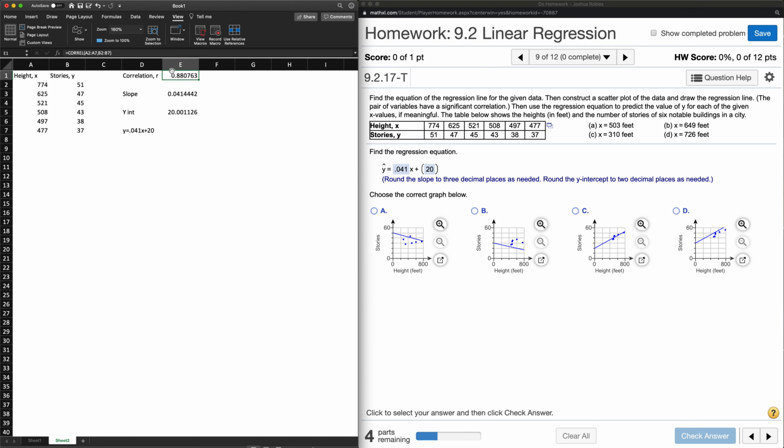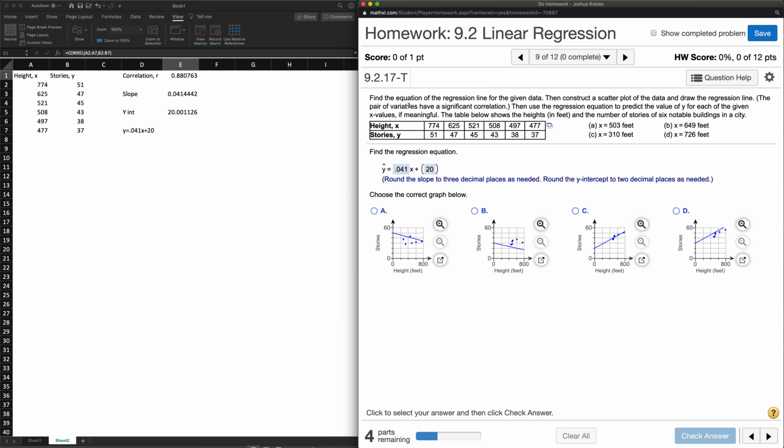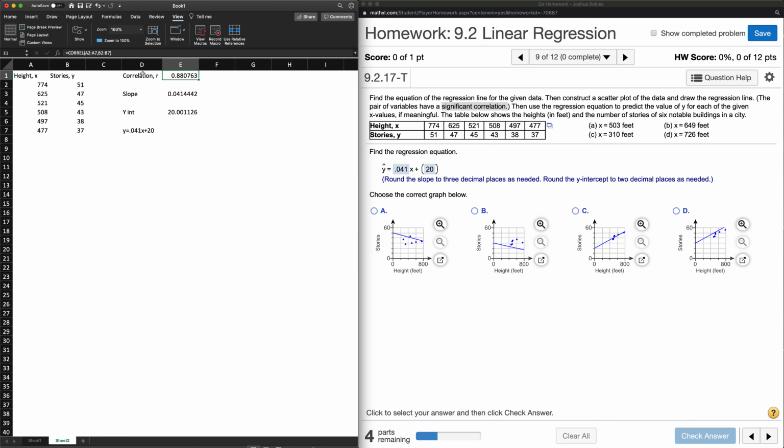So 0.88, we would have to go back. This problem doesn't have the tables with us because they say to assume that they already have a significant correlation. So this is just the regression step. But if we were doing this on our own, we should first verify that they are correlated enough, and then if they are, we can find the regression equation.